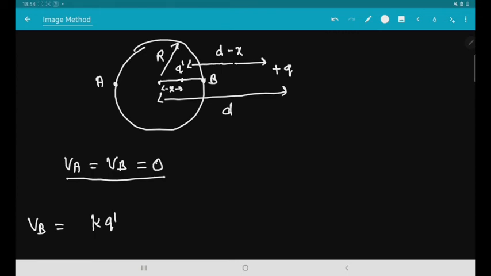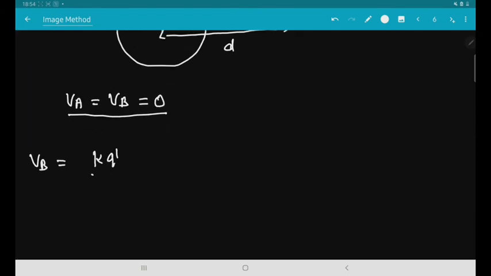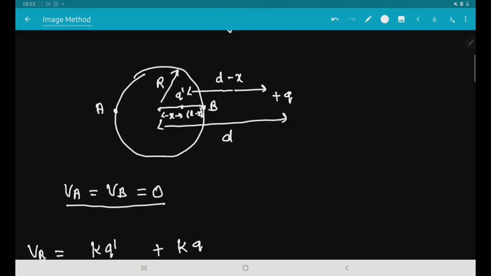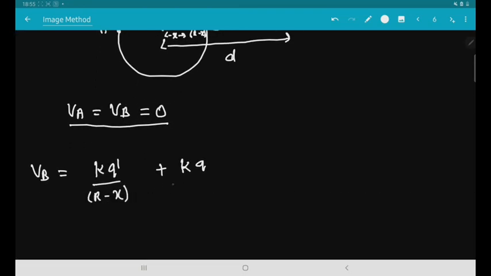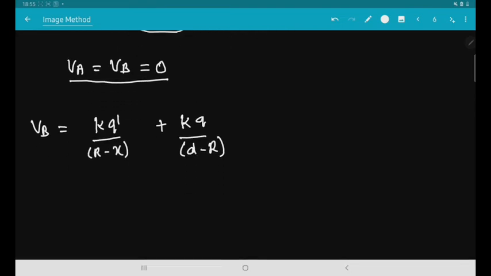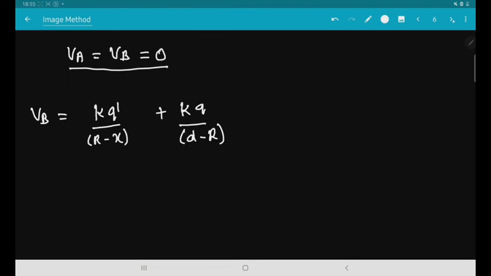This will be R and this is X. That means this distance will be R minus X. So it is at a distance radius minus X. This will be the potential due to the image charge, and the potential due to the positive charge will be KQ over D minus R. And now this is equal to 0. Okay, so KQ we have common.